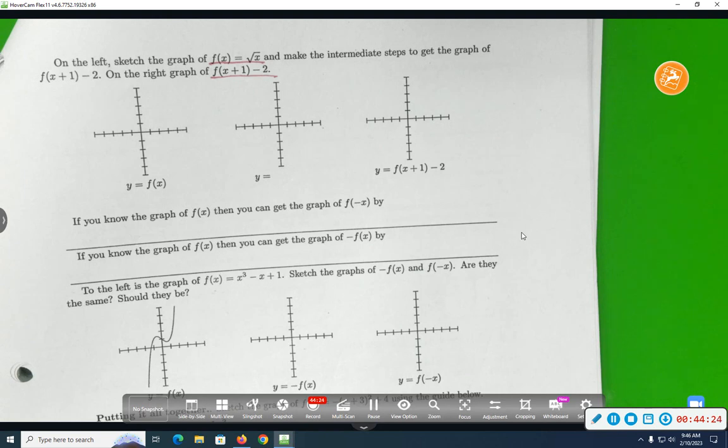The y-intercept is -1. Yes, it is. I agree. So this point should actually be at 0, -1.